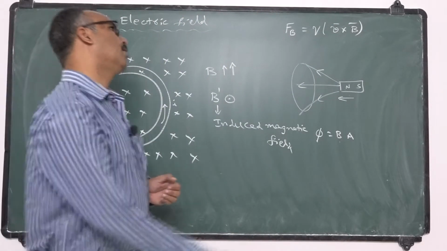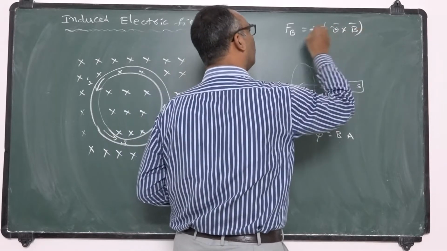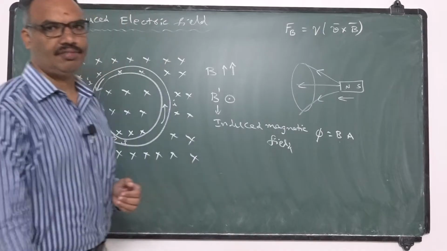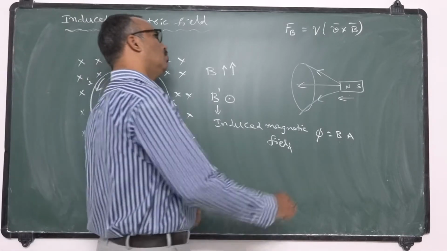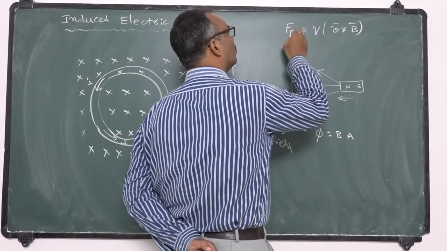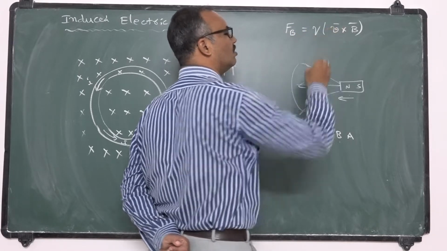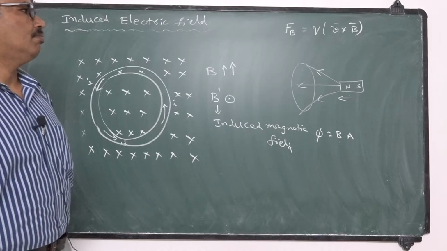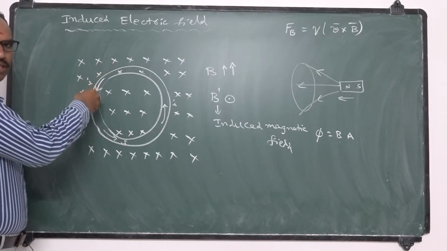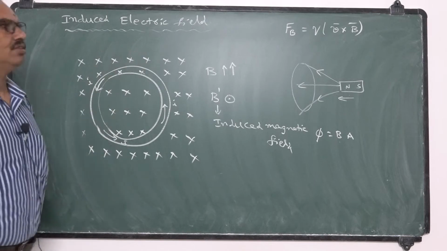Here V and B are lying in one plane, so the force due to the magnetic field is lying in another direction. So the magnetic force will never increase velocity. Magnetic force only alters the direction of motion of the charge.